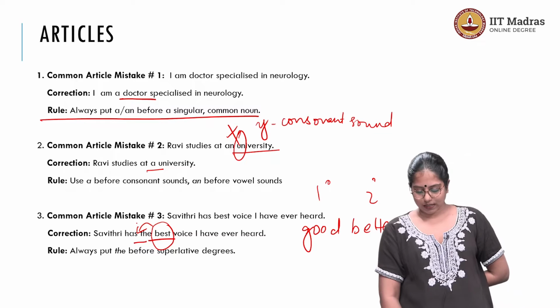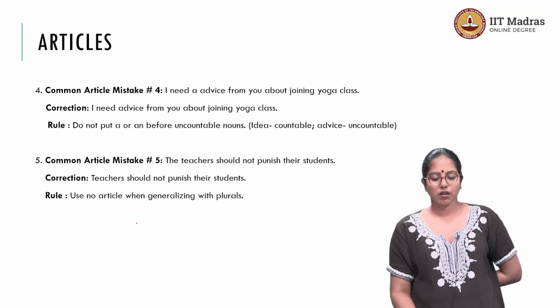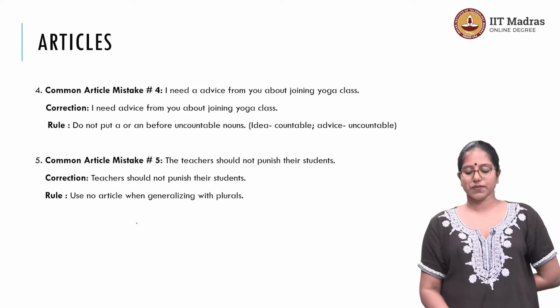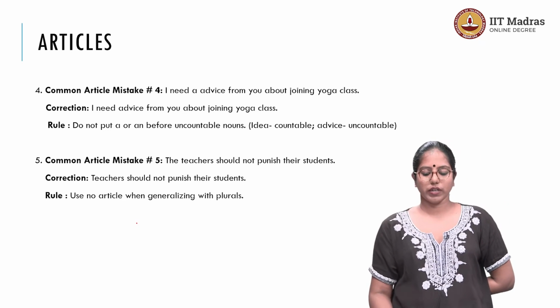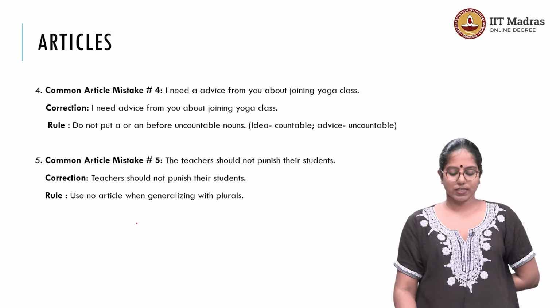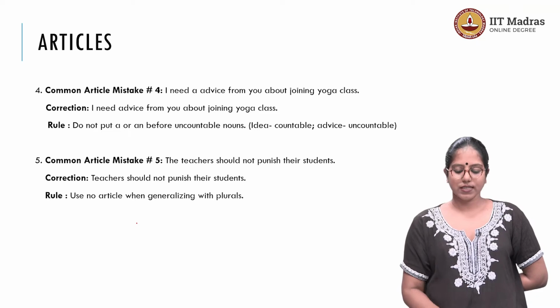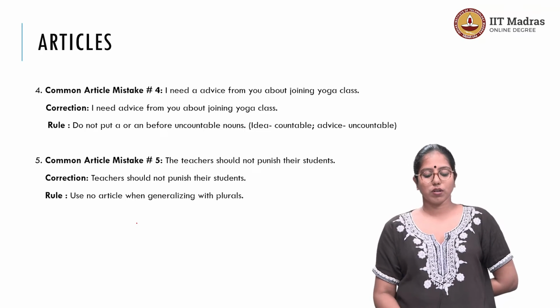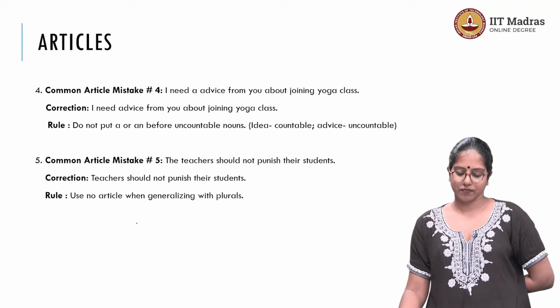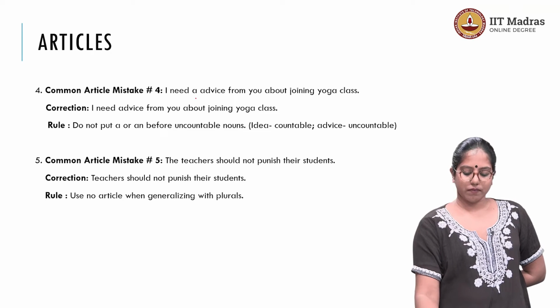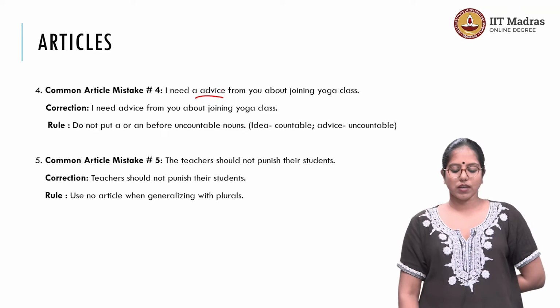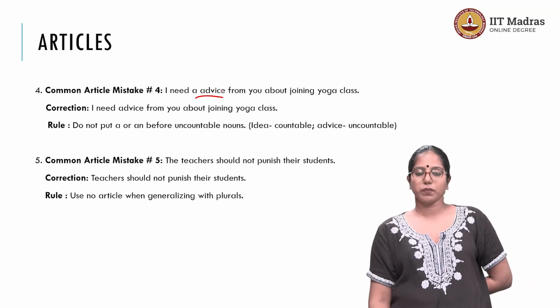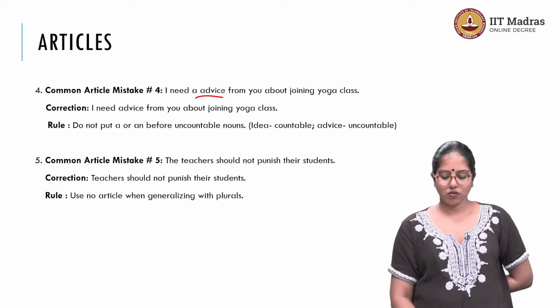The next sentence is, I need advice from you about joining yoga class. What's the right sentence? I need advice from you about joining yoga class. Why? Because advice is an uncountable noun. What's an uncountable noun?